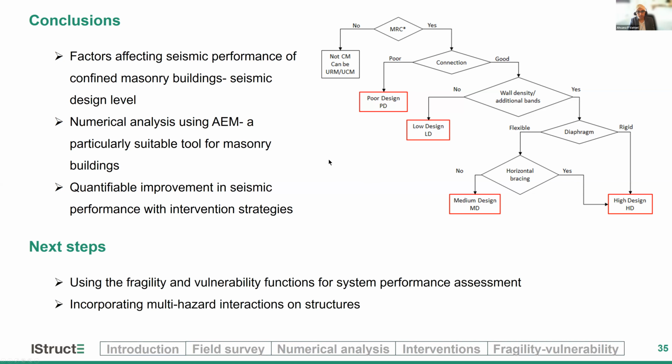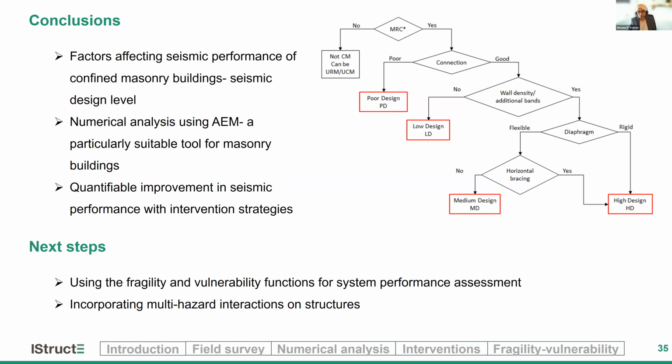As a next step, we have taken this forward to use these fragility and vulnerability functions in system performance assessment. So now we have been looking at schools as independent entities. What happens when you consider several buildings in a single school compound and then several schools in a region?